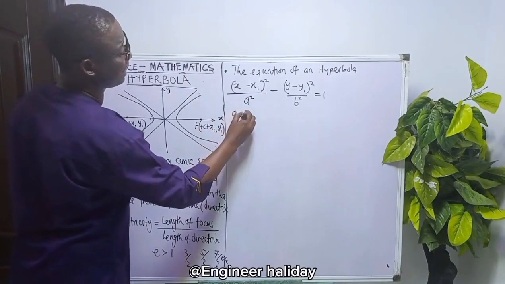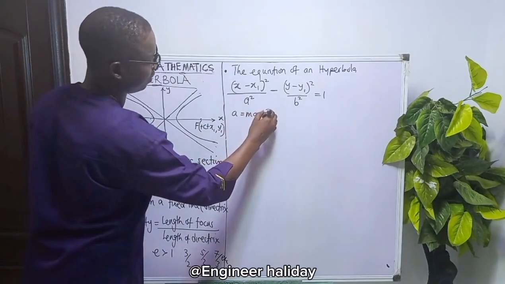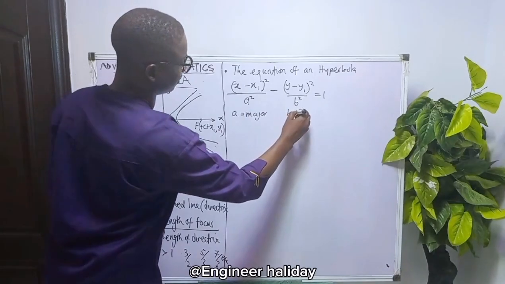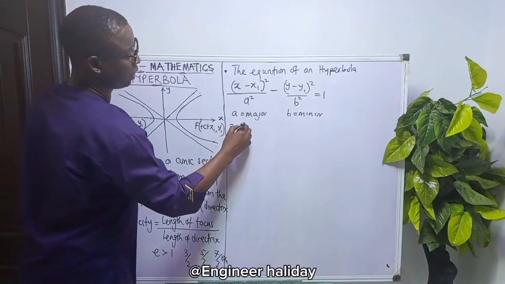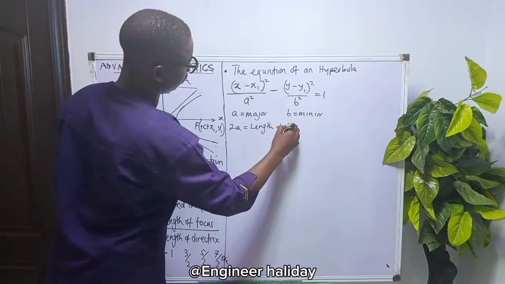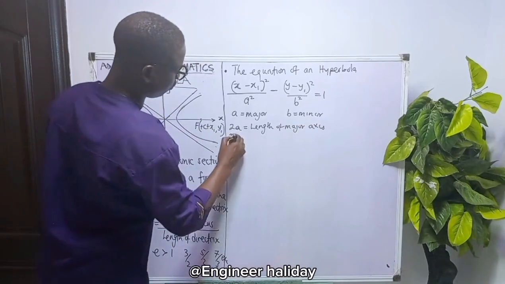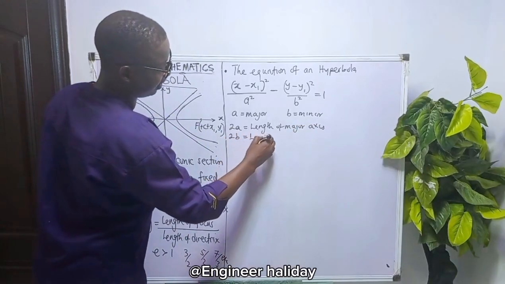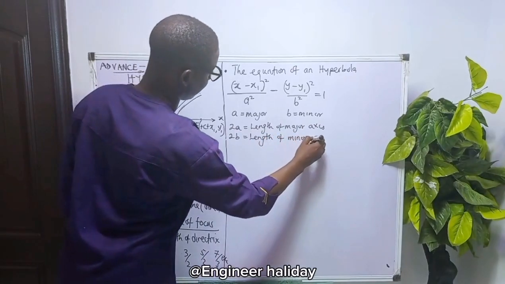Every definition I gave about the ellipse is still the same. This is the major, and this is the minor. Then 2a is what we call the length of the major axis. 2b still remains the length of the minor axis.